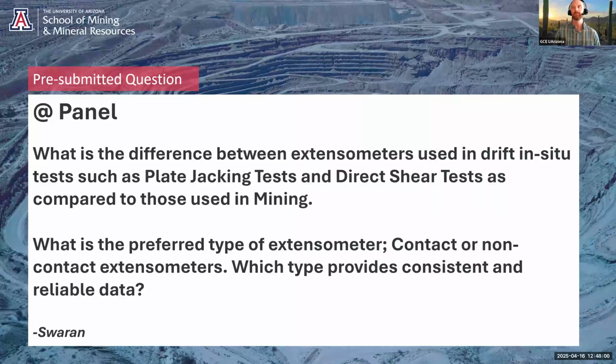Yeah. Mm-hmm. So of course, these are mostly for surface applications. That's already above ground applications. That's the difference. And also they allow to measure displacement changes over longer distances.